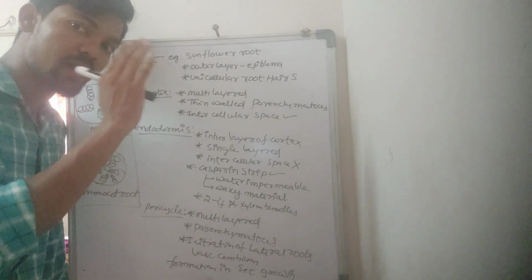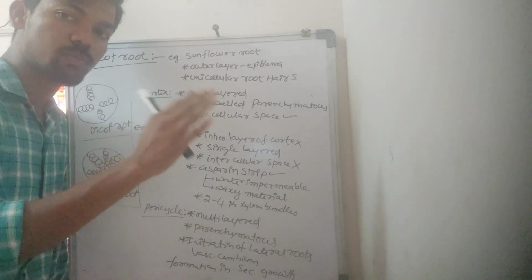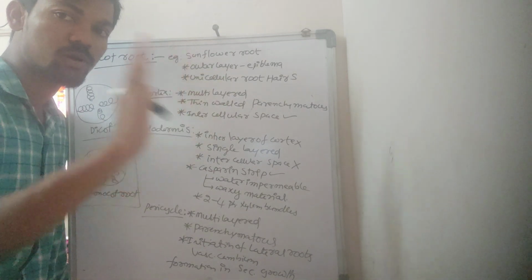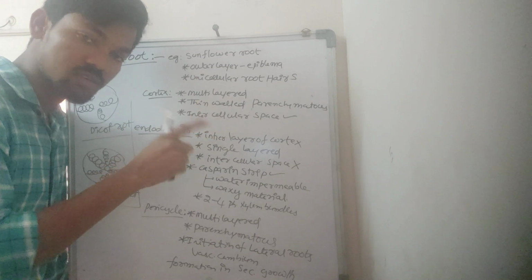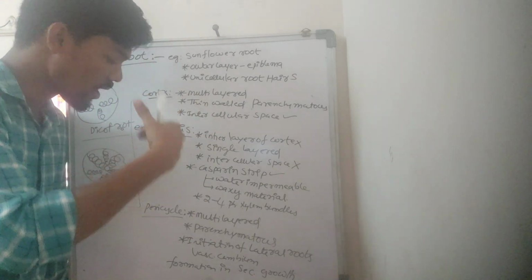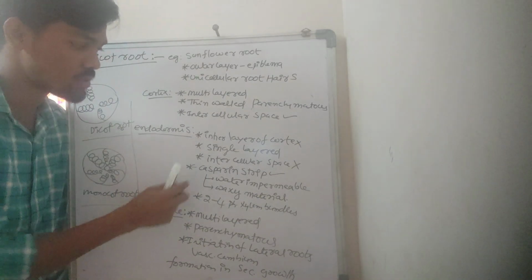I already told you, parenchyma is present in the cortex, pericycle and medullary rays. Intercellular spaces are present here. Come to the endodermis. It is the innermost layer of the cortex, and it is a single layer.